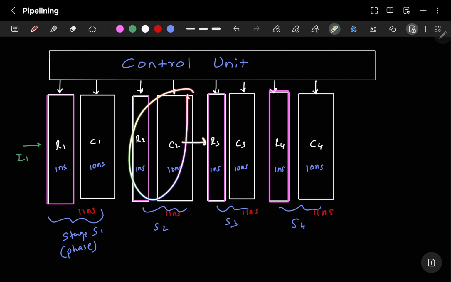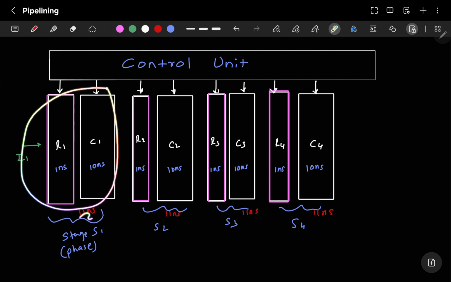Then it will move to the next phase, and here also it will take 11 nanoseconds, and so on. That is the meaning of this time period. Now there is one more thing, something called the clock. This functional unit will take a delay of 11 nanoseconds to process a particular instruction.